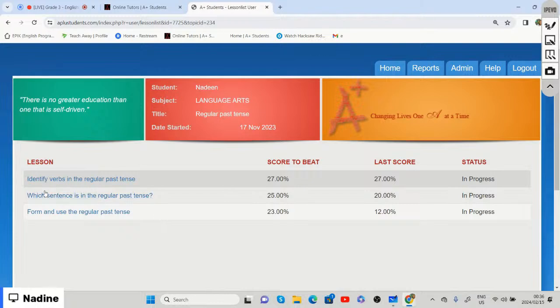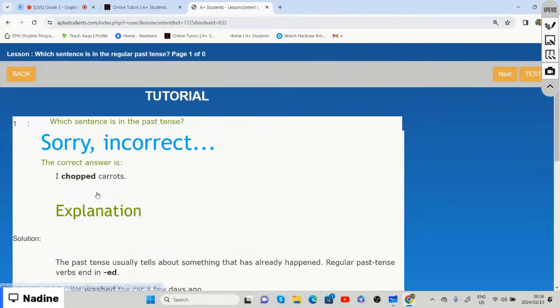So now we're going to the next one, which is which sentence is in the regular past tense? And dropped is correct. So well done, guys.